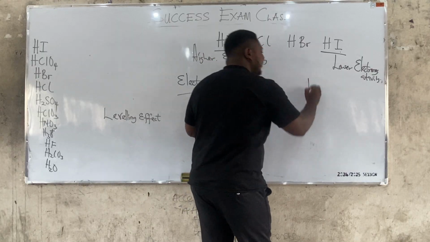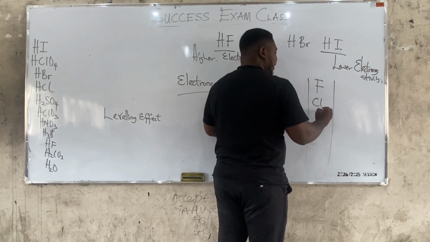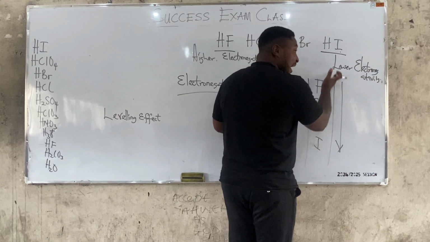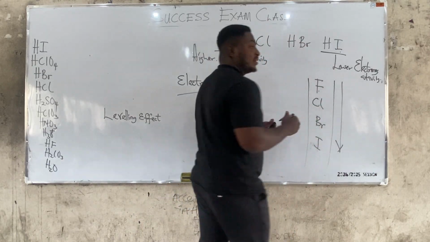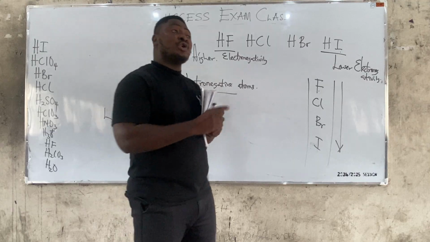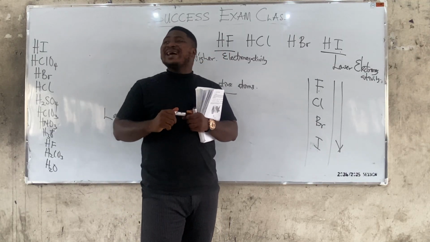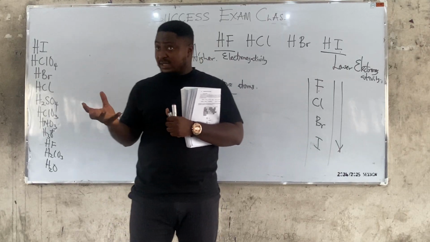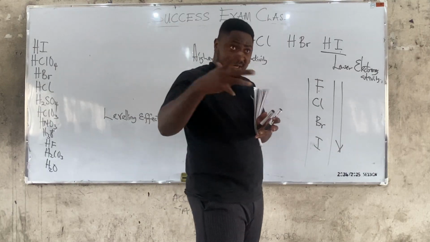So if you look at your group 7 elements, at the top is fluorine, then chlorine, bromine, iodine. As you are going down, the electronegativity is going down. So fluorine is the most electronegative, and anytime an acid contains a strong electronegative atom, it will produce a weak acid. Acids containing weak electronegative atoms produce a strong acid.